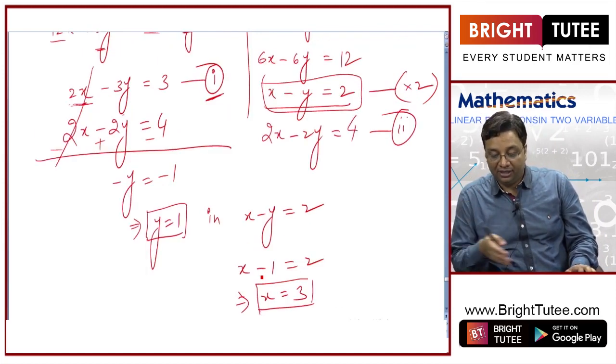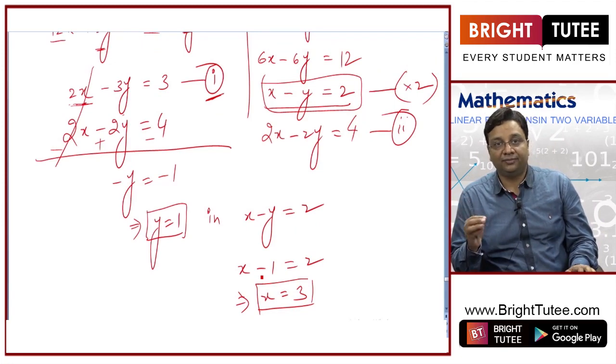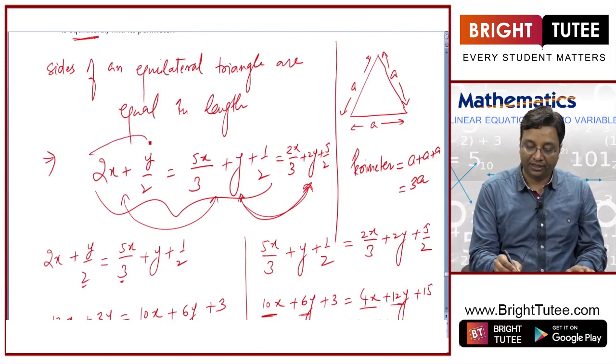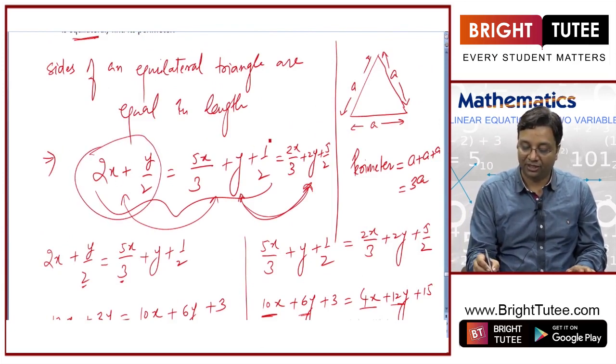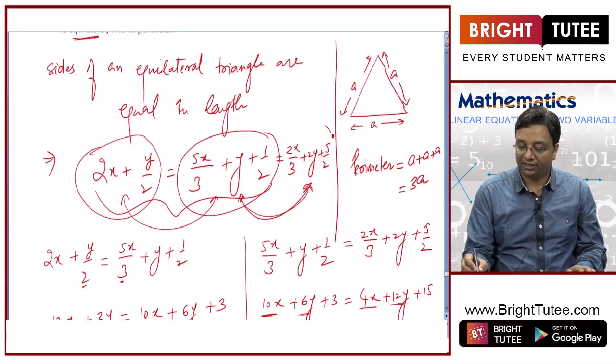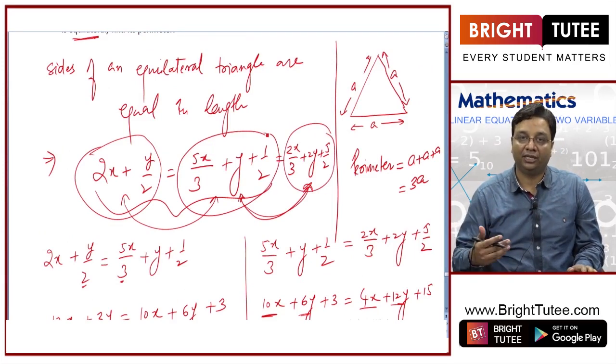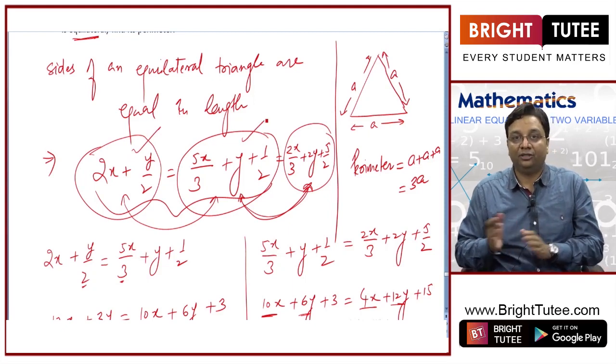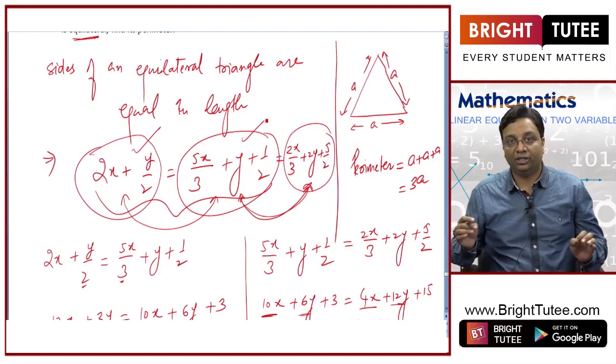Why? Because these are not the sides of this triangle, these are not the perimeter of this triangle. So what is the side of this triangle? You put x and y in any of these three, you will get the same answer. Why? Because this is an equilateral triangle and these are sides of this equilateral triangle which are supposed to be equal.